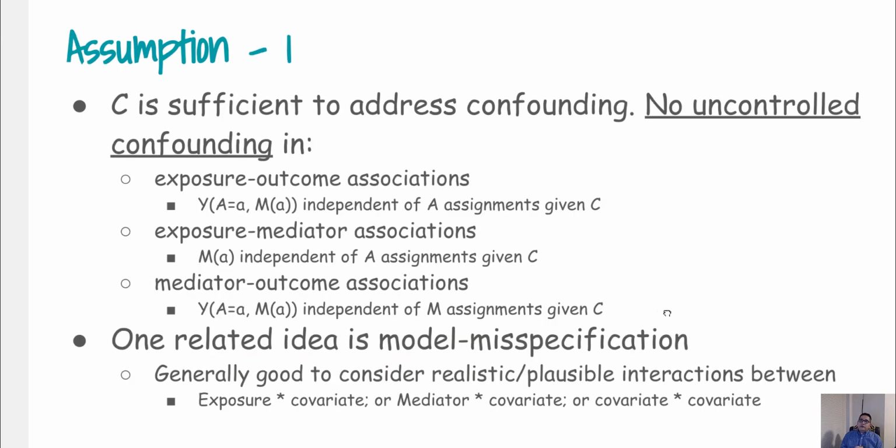Alright, so let me talk through some of the assumptions, because as you can imagine, the assumptions for mediation analysis are going to be much more complicated and much more strict, and some of the assumptions we are making for the mediation analysis, you have to justify in your paper.